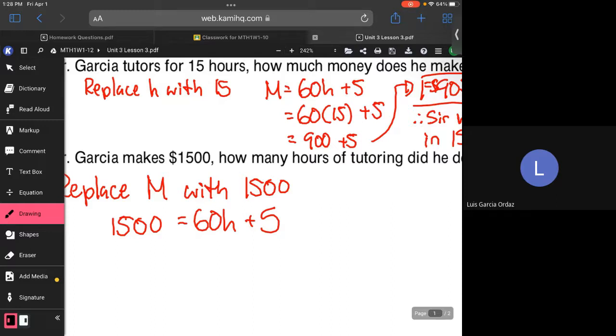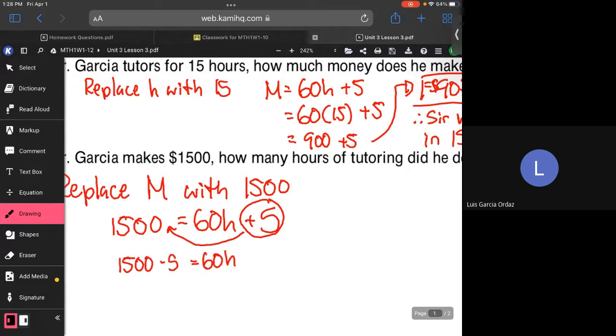So h is already positive on my right side. What am I gonna move over? You're gonna move the 5. So I get 1500 minus 5 is equal to 60h.